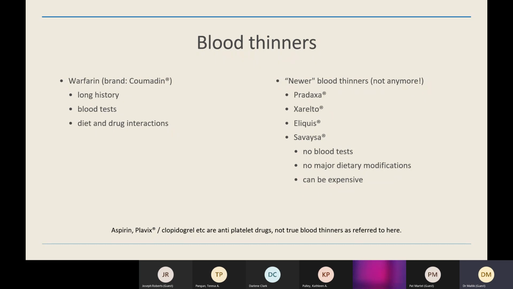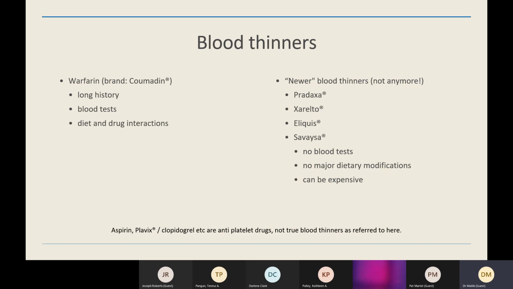Unlike warfarin, they don't need any blood testing done. Most of them don't require any major dietary modifications. The drawback is sometimes they can be expensive, depending on the insurance, copay, etc. But the advantage is it allows people a lot more freedom than warfarin did or does.